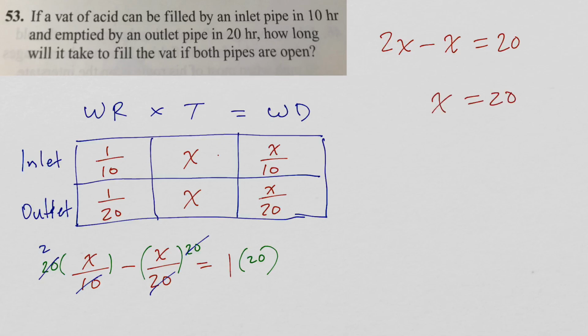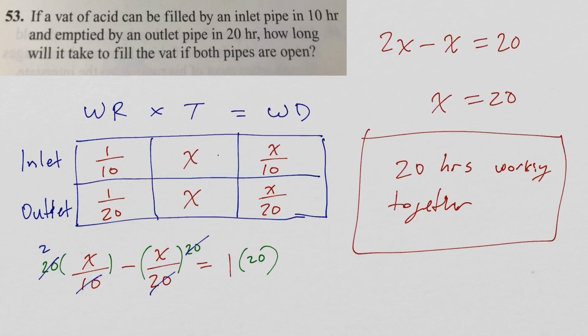So it would take them 20 hours working together. Or not really working together, because they're not really working together. 20 hours, how about if I put if both are open?